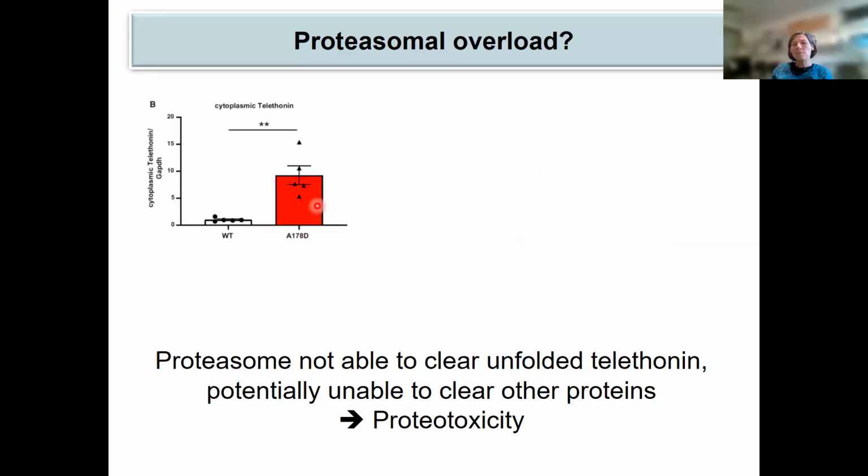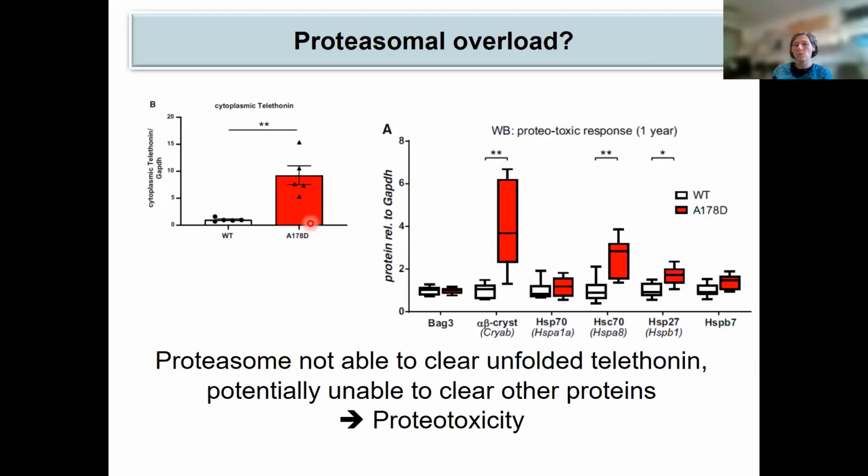But at the same time, the proteasome doesn't seem to be able to clear it off completely. And this raised the question, if the proteasome cannot clear all of the unfolded telethonin, maybe it's not able to clear all the other proteins that would be the day-to-day job of the proteasome to do.